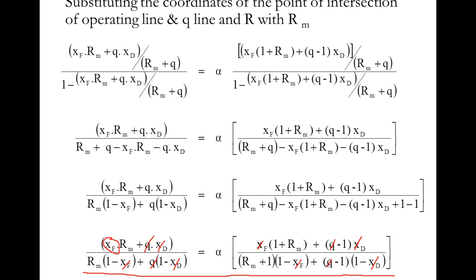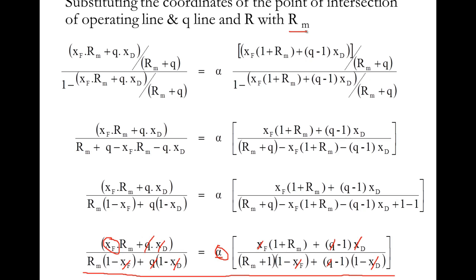Depending on the physical conditions of the feed, the q value changes. Then what is remaining here? Alpha and Rm. Alpha is something known. It is the relative volatility between the two components. It depends on the temperature, but still we can find it out. So what is remaining there is Rm. What we are doing is finding out Rm.